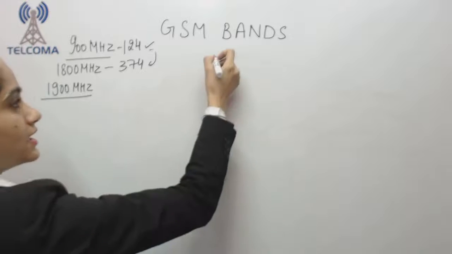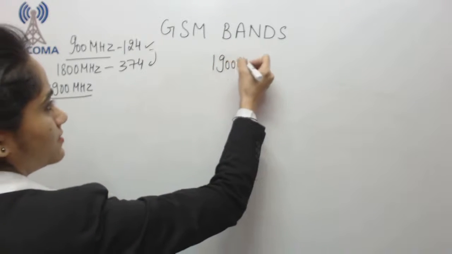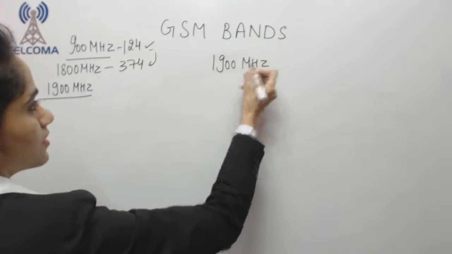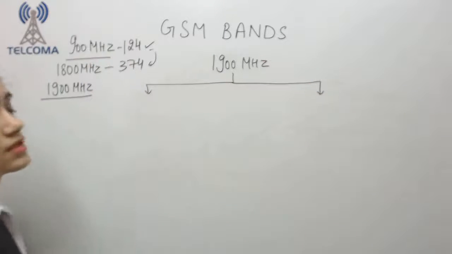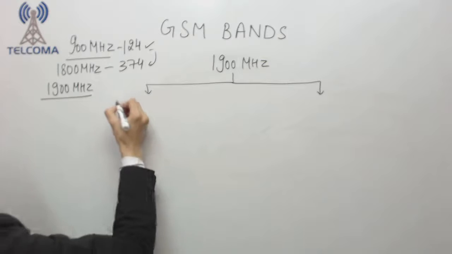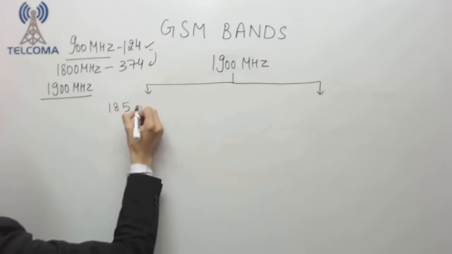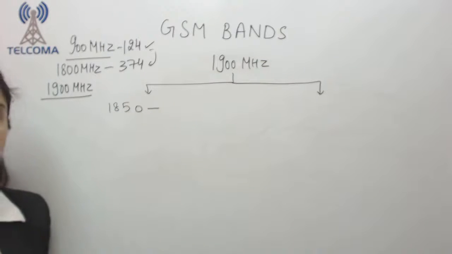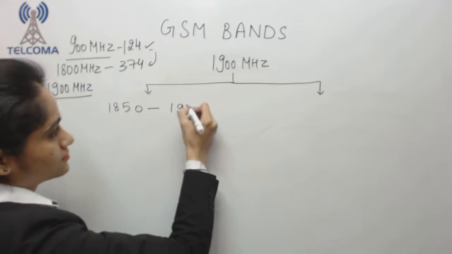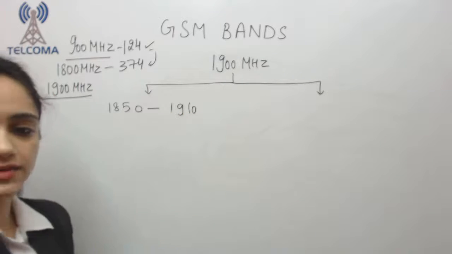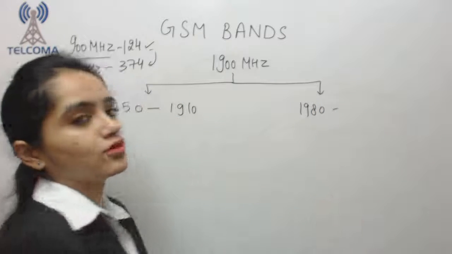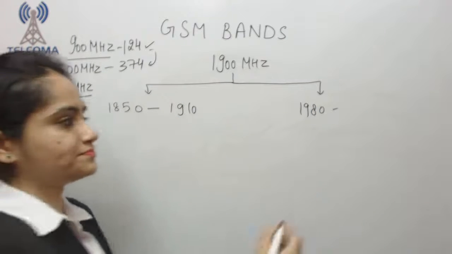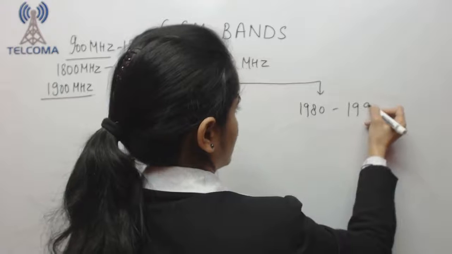Now we have next the 1900 megahertz band. Now as per its division, it is from 1850 to 1910, and then we have 1980 to 1990.